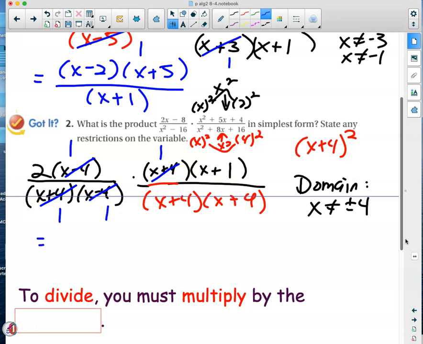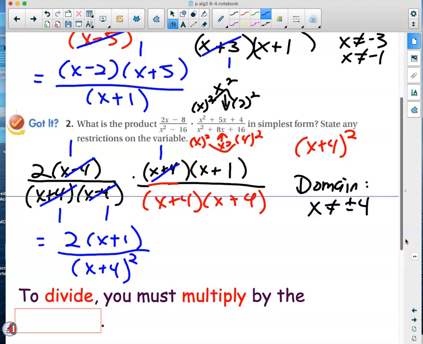So on the top, we still have a 2 and the quantity x plus 1. And this was what I was talking about a minute ago. I don't want to write it as x plus 4 times x plus 4 for my answer, because that's not really simplest form. Simplest form is to know that that means x plus 4 squared.